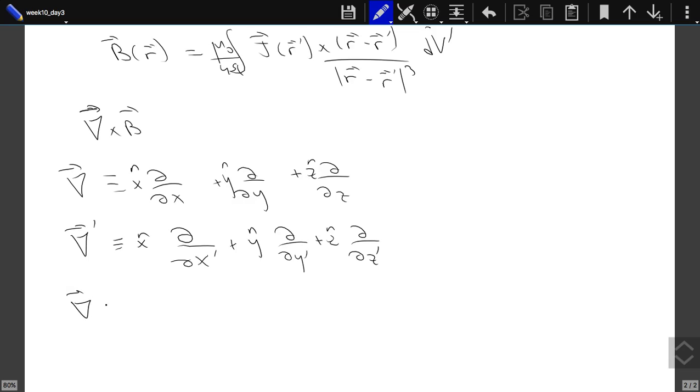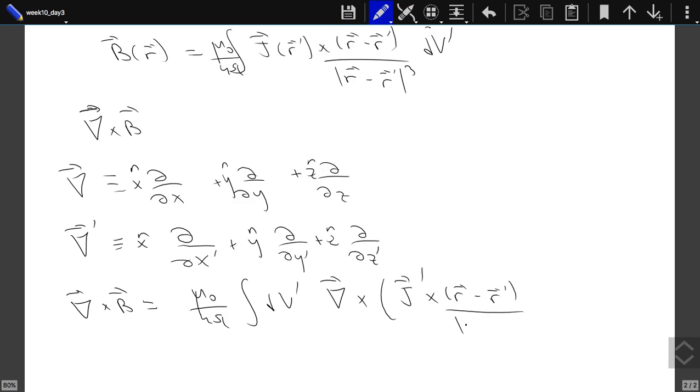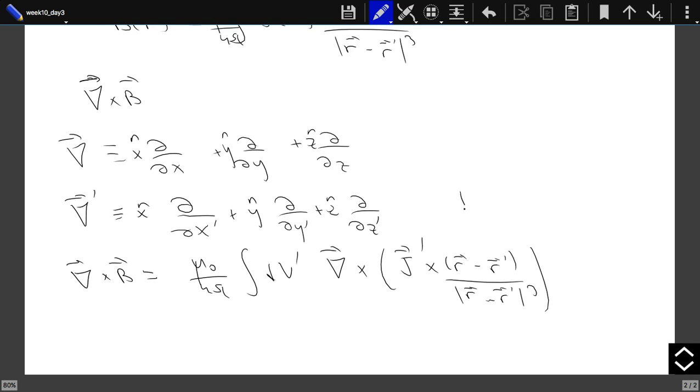So the curl of B will be equal to mu 0 over 4 pi, integral over my volume, curl of J prime cross R minus R prime over the magnitude of R minus R prime cubed. Again, this is just one notation to simplify it a bit. When I say J prime, it is J at the point R prime. I just don't want to write R prime all the time.